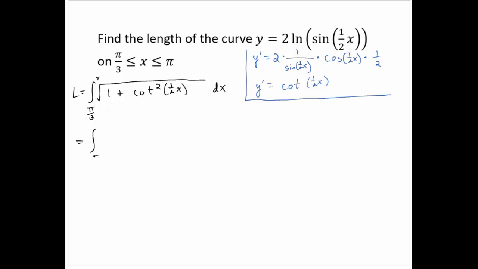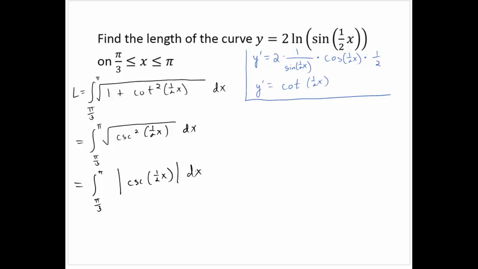So integral from pi over 3 to pi of the square root of cosecant square x, not x, sorry, that should be a 1/2 x, dx. The square root of cosecant square, so integral pi over 3 to pi, absolute value of cosecant of 1/2 x dx.